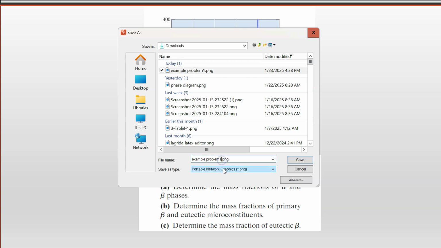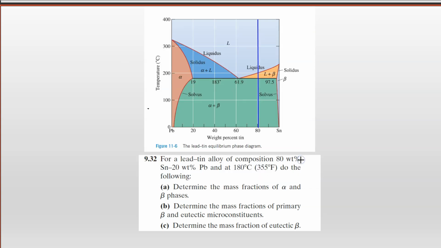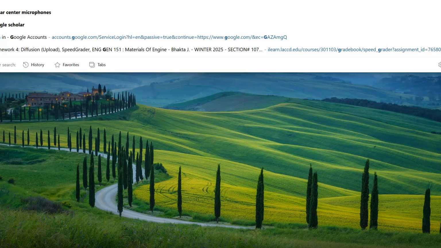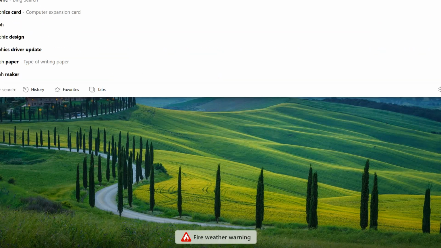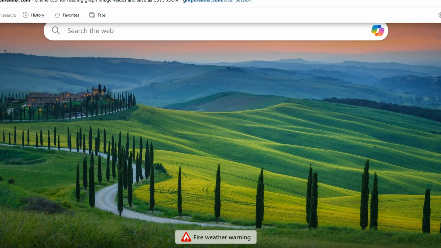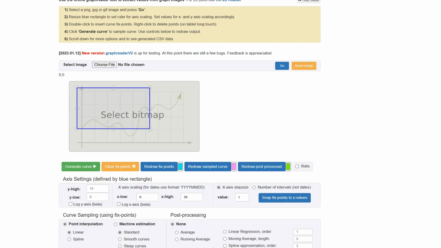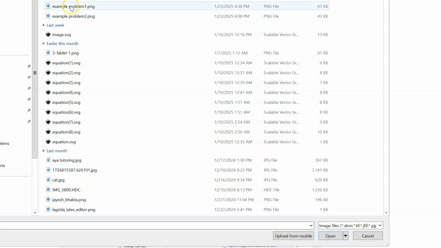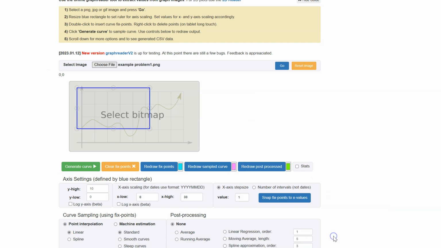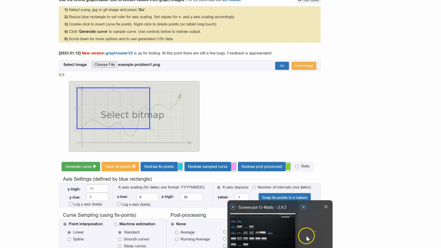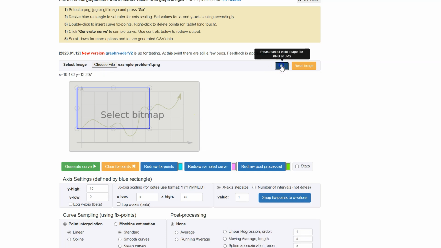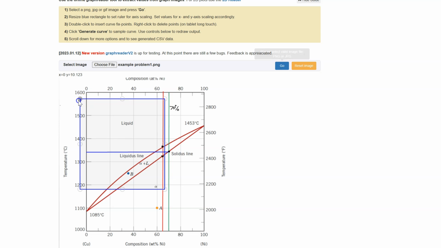So I'm saving the image. You can do that by copying, pasting into Paint or Paintbrush. And then we can go to graphreader.com. Opening my file. Just calibrating. Oh, that's the wrong file.